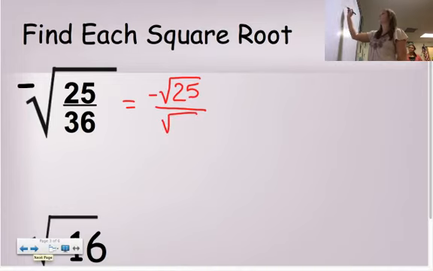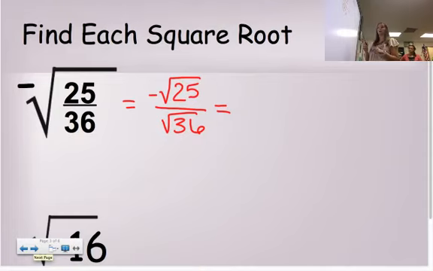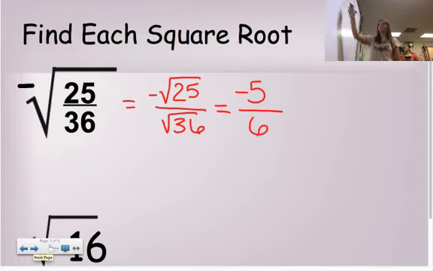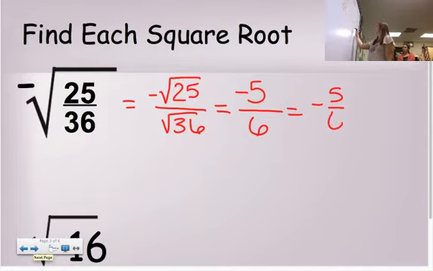And I'll have the square root of 36 on the bottom. You can plug it into your calculator, or if you know it by heart like I do, you can have negative 5 on the top because 5 times 5 equals 25. And on the bottom we get positive 6 because our negative's on top, for our final answer of negative 5 over 6.